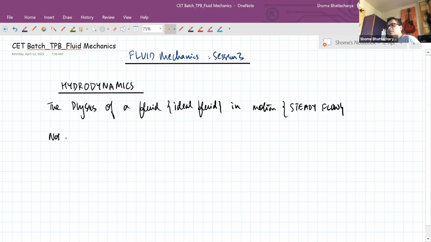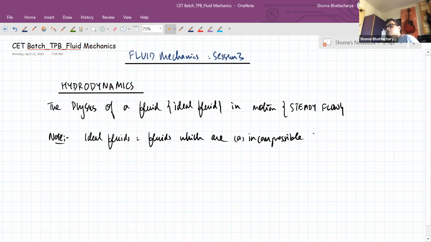So remember the meaning of the term ideal fluids: they are fluids which are, first of all, incompressible. It means they have a uniform density, independent of pressure.